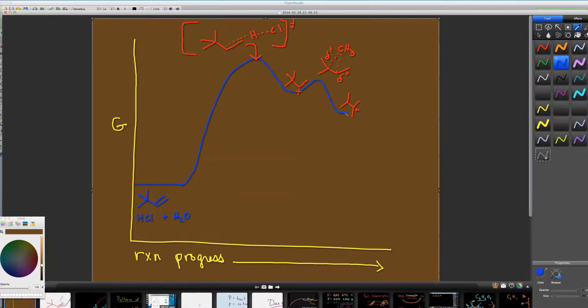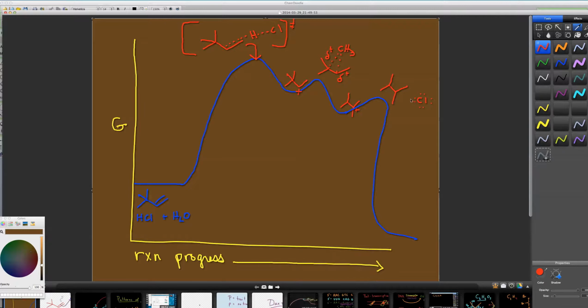And finally, we'll have a third transition state and then our product. Our third transition state is going to show the bond that is beginning to be made between our best nucleophile.